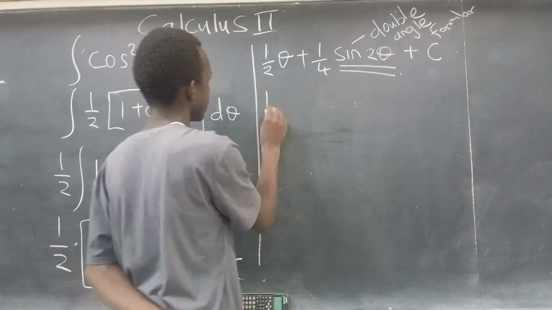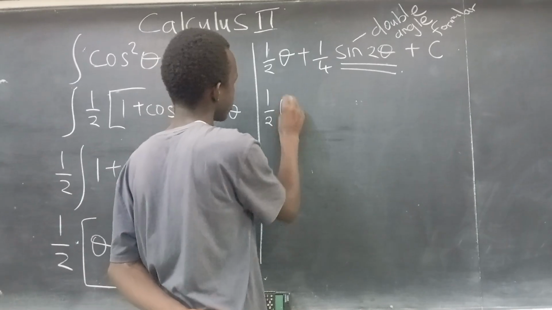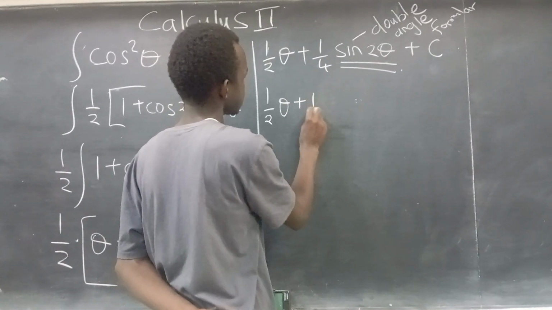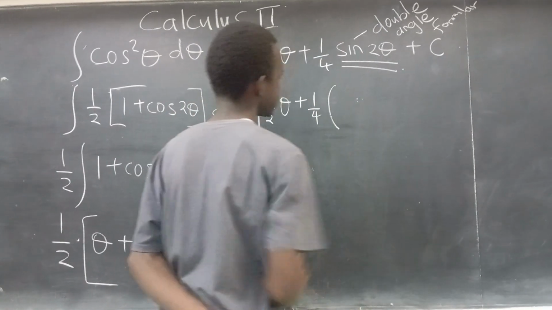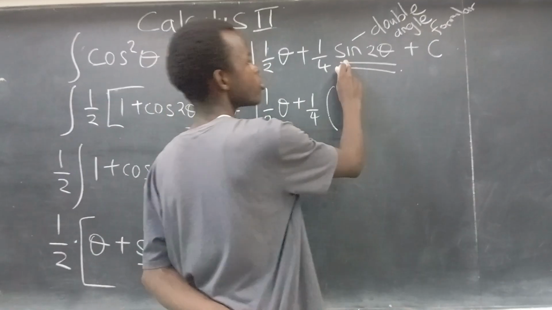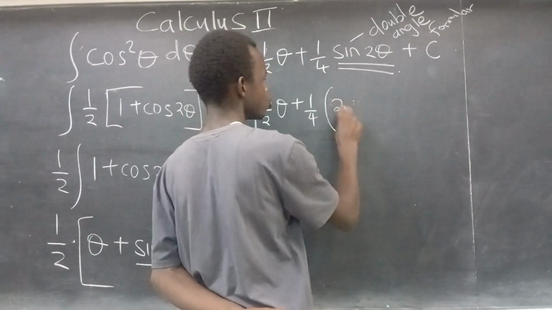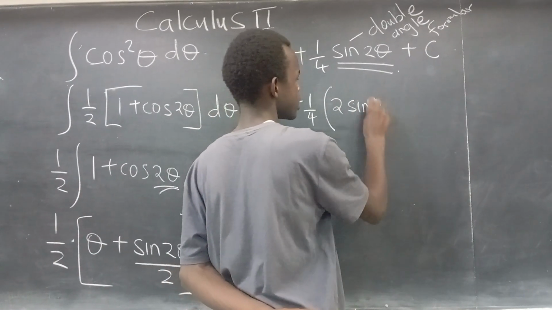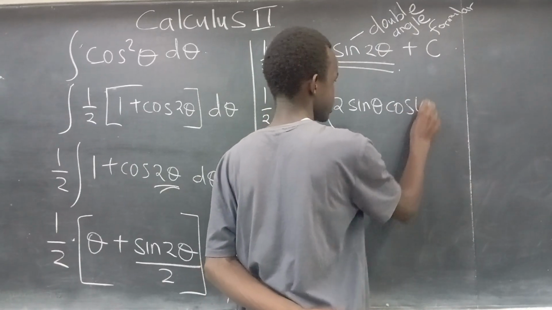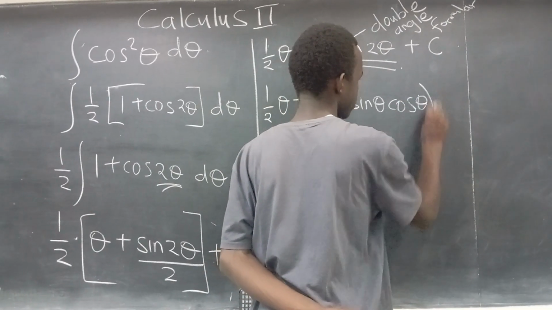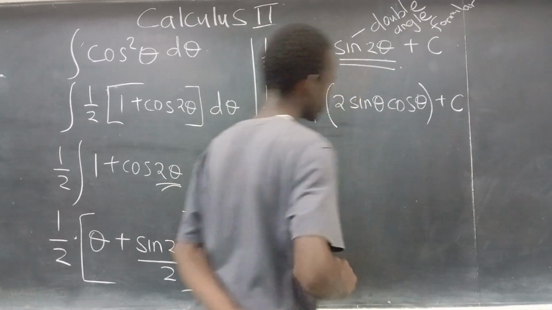So I will say a half theta, check my video on the double angle formulas, plus a quarter, I'll multiply that whole thing. The double angle formula for sine is 2 sine of theta cos of theta, right? Close the bracket, plus c.